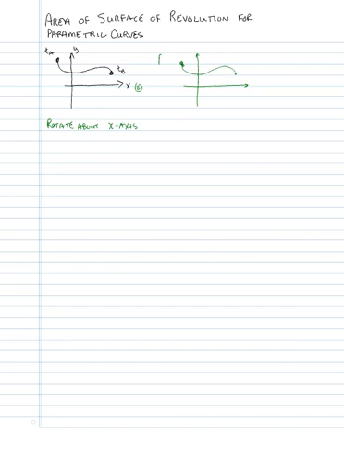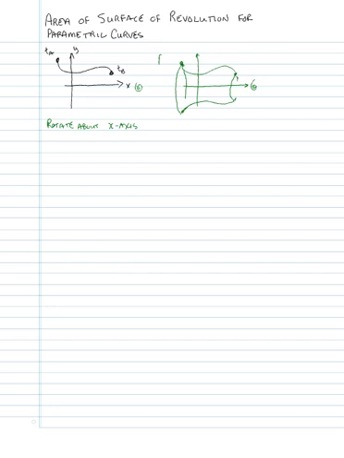Okay, play like that's the same. When I rotate it about the x-axis, I'm going to have a mirror image here. Now when I do this rotation, that's more or less what we're going to have.